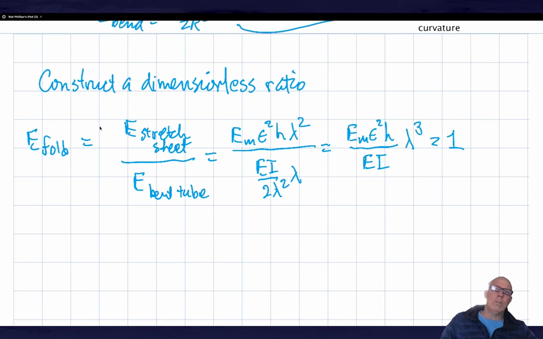As I said before, when the tube is not bent, the mesenteric sheet is getting more and more stretched, and so its energy is going up quadratically with that stretch. At some point, by putting in the bend on the tube, we're going to cost the tube, but we're going to reduce the energy stored in the strain in the sheet. And so if I write the sum of those two and minimize, that's another way of thinking of this, then I would find an optimum.